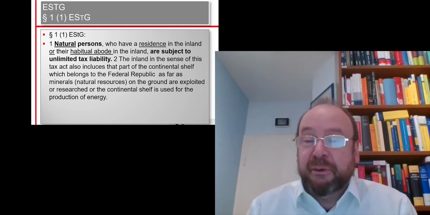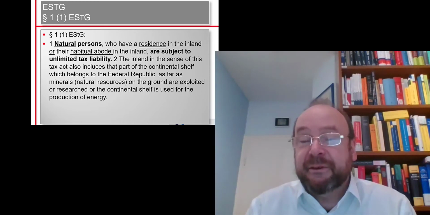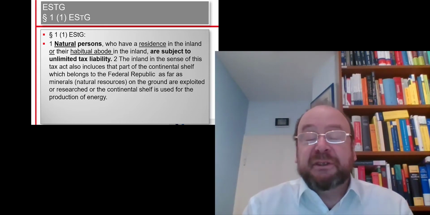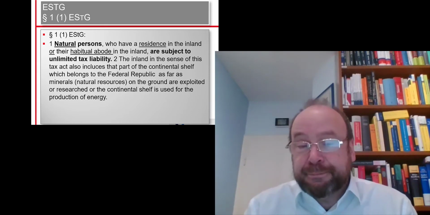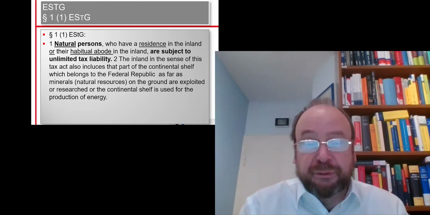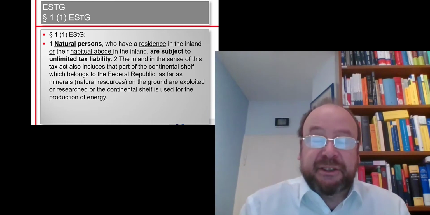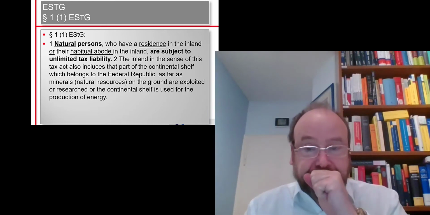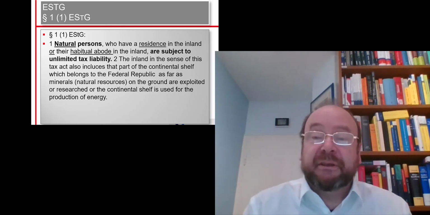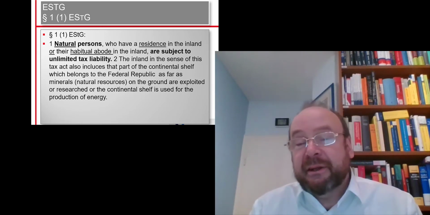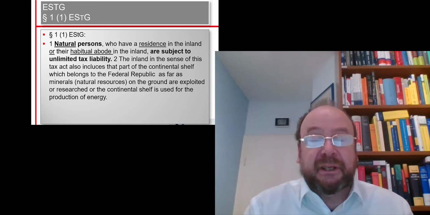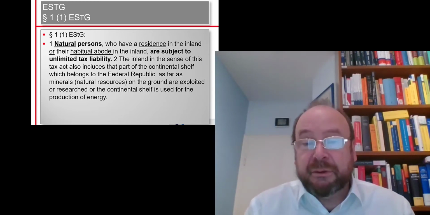So if you don't have a home in the inland, don't have a residence, but usually are in the inland, perhaps move from hotel to hotel or stay in each city only 2 days, then you don't have a permanent residence here, but you usually are in Germany, and that would be a habitual abode.